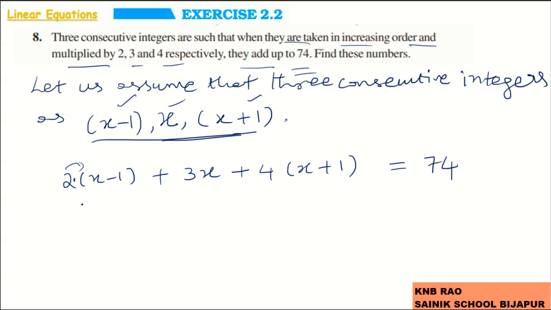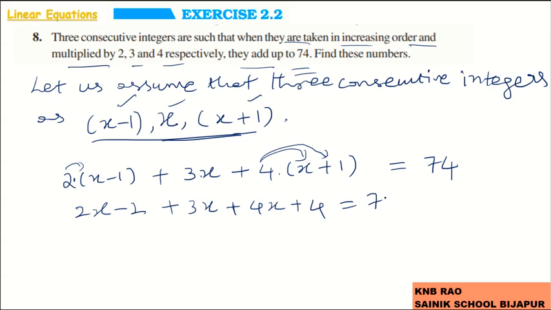So 2 multiplied by x minus 1 gives you 2x minus 2, plus 3x as it is, plus 4 distributed over x plus 1, multiplication over addition, gives you 4x plus 4 equals 74.